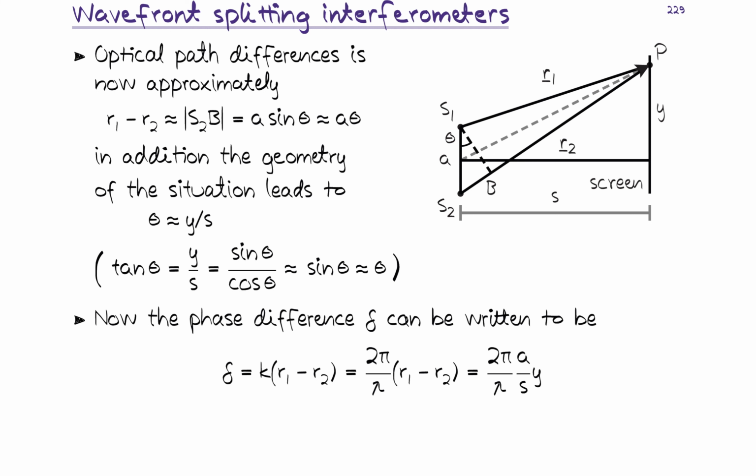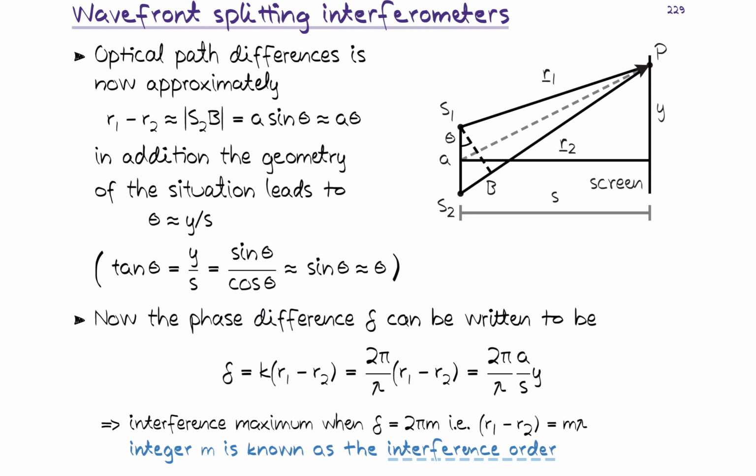And now we know that when this phase difference is a multiple of 2 pi, so when delta equals 2 pi times m, where m is an integer, this takes place when R1 minus R2 equals m times lambda. And m is an integer known as the interference order.